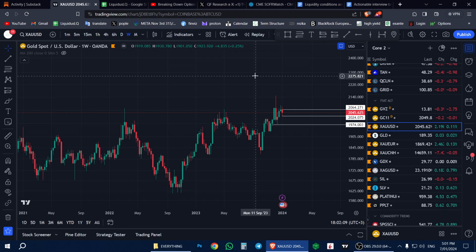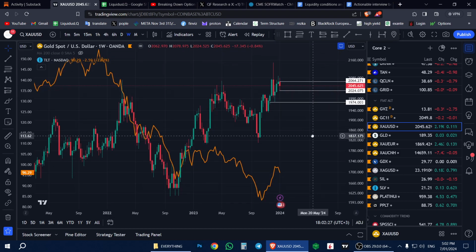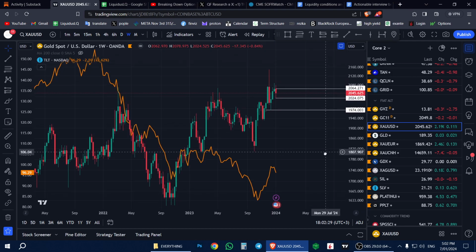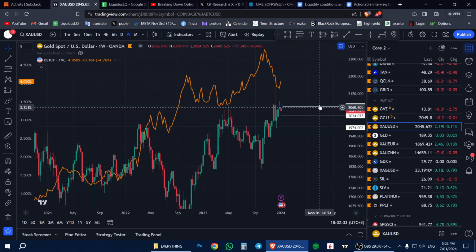We don't think gold is going to perform very well in the condition that I just described, that the rates in the US will remain in consolidation on a trending basis, meaning for the first quarter of this year at least. Gold is probably, well, with the rates, let me put on the TLT instead of rates. No, bad idea. Let's look at the rates.